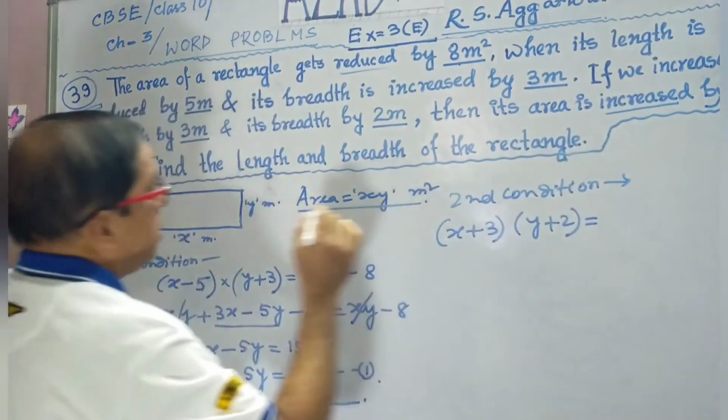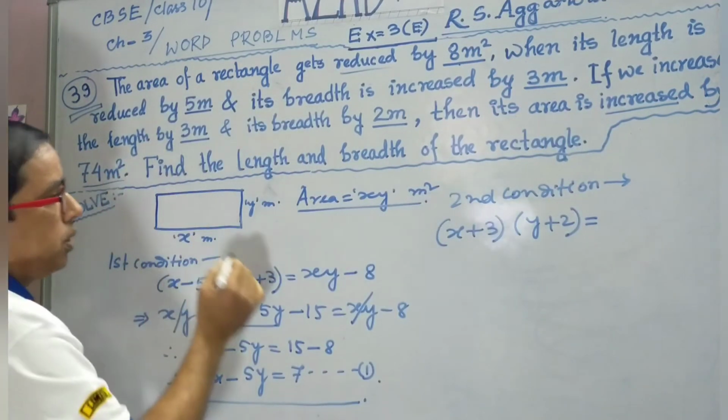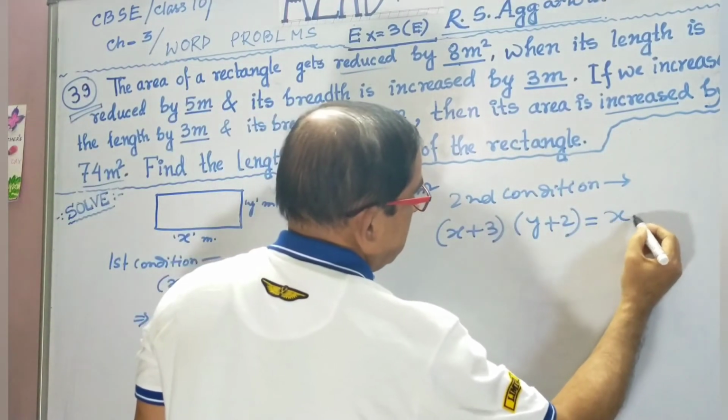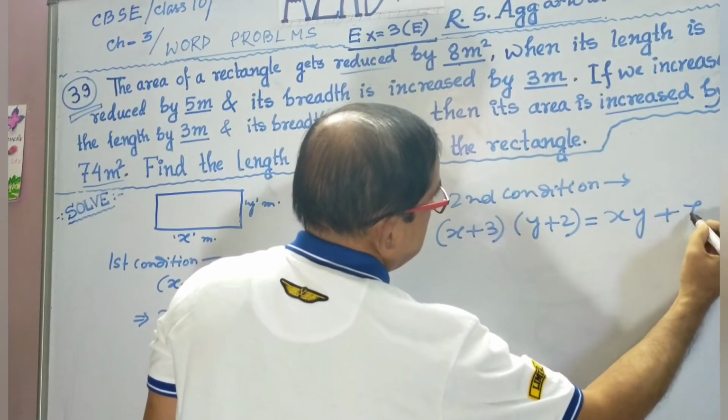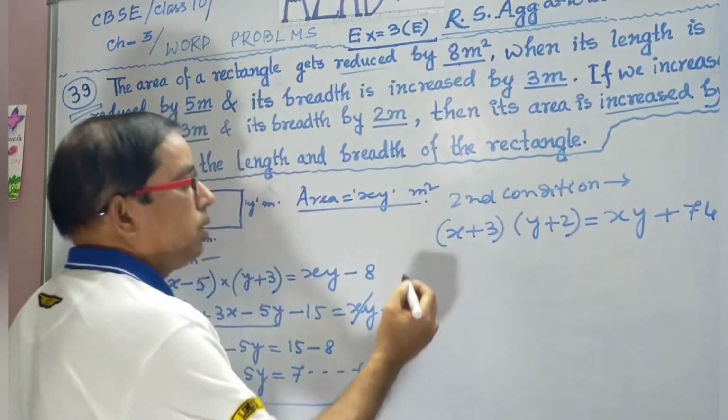Area is also increased by 74 meter square. What was the previous area? xy. Increased means plus 74.